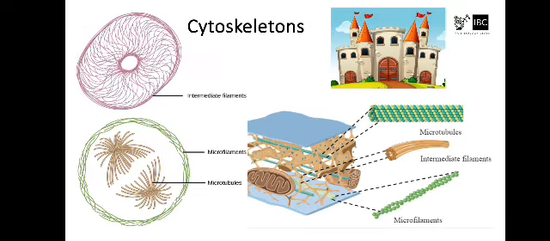Meanwhile, the cytoskeleton acted as the castle's invisible infrastructure, comprising sturdy pillars and bridges.